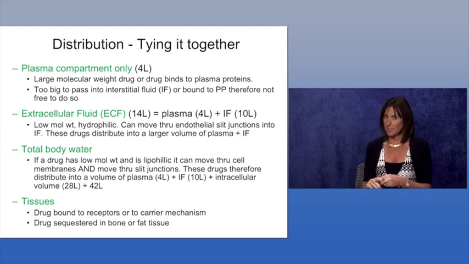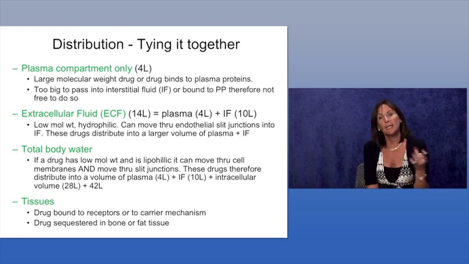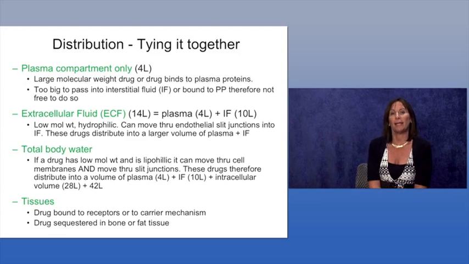Let's say the drug disseminates completely into total body water and has that volume of distribution of 0.6 liters per kilogram. So here you could imagine a multitude of scenarios in reality. The drug could have a low molecular weight, could also be lipophilic, and therefore it's moving through the cell membrane using that permeation principle and the Henderson-Hasselbalch equation, so that the drug is moving easily across the lipid bilayer.